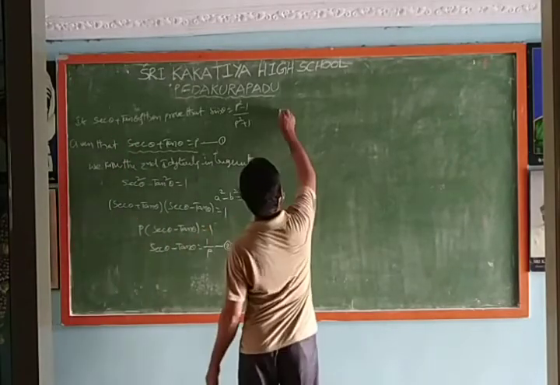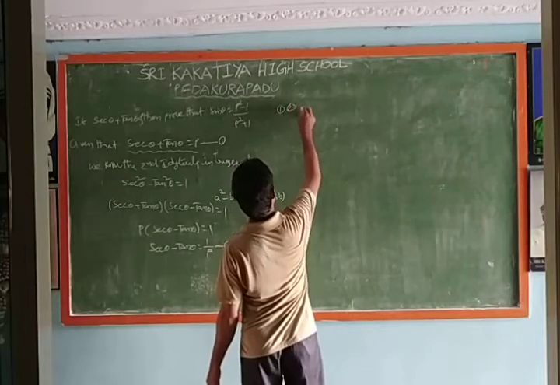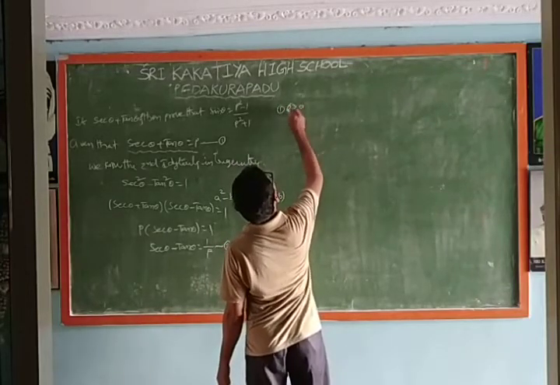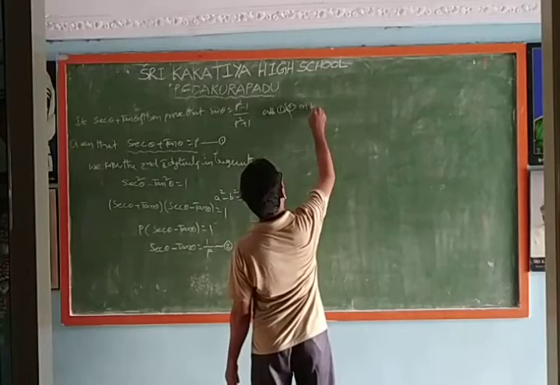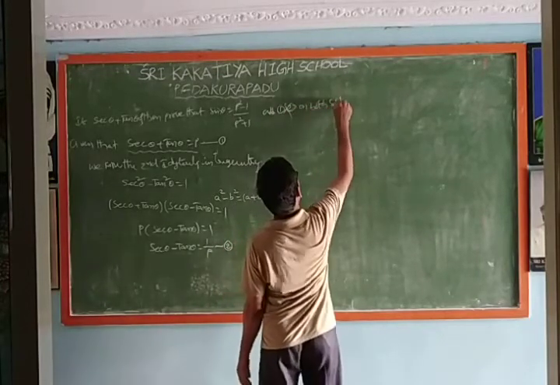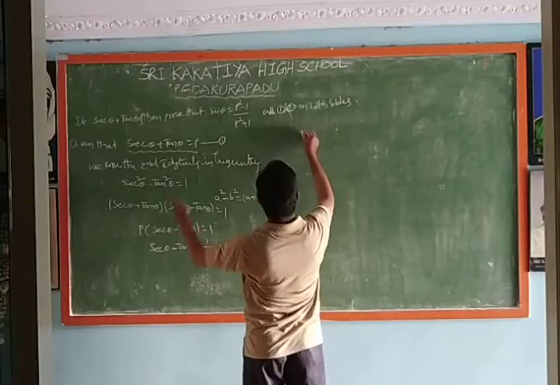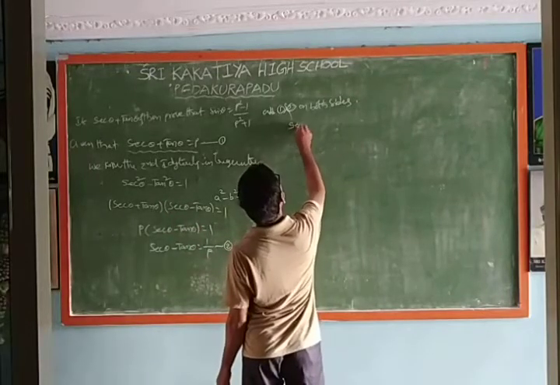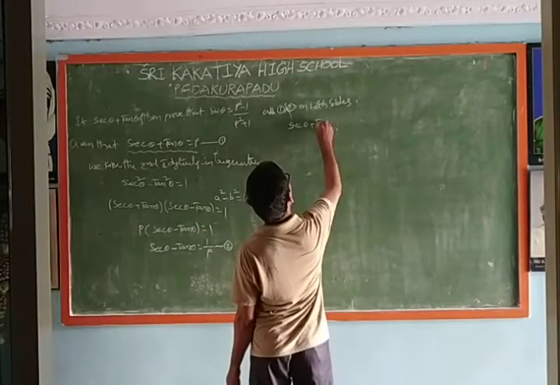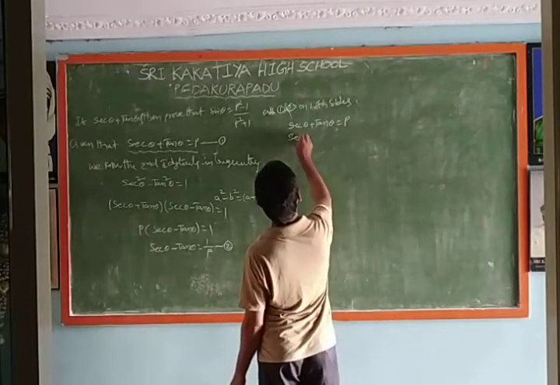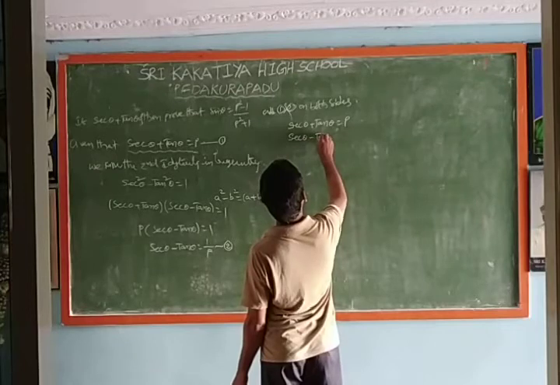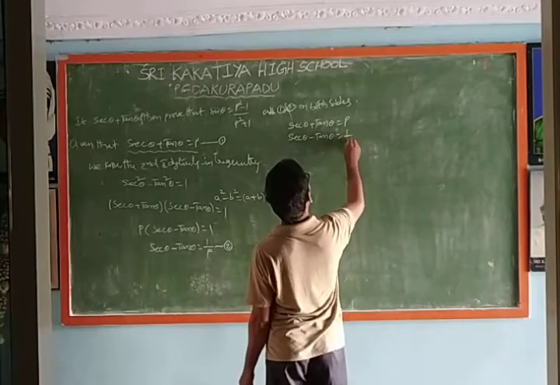Now we want to add 1 and 2 on both sides. Secant theta plus tan theta is equal to p is the first one, and the second one is secant theta minus tan theta is equal to 1 by p.